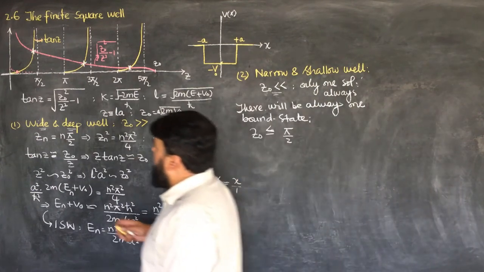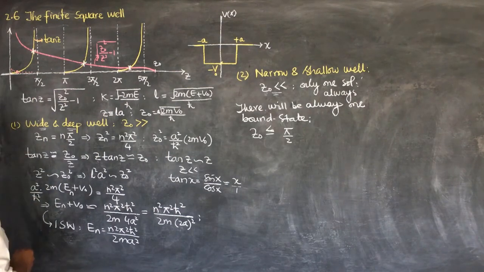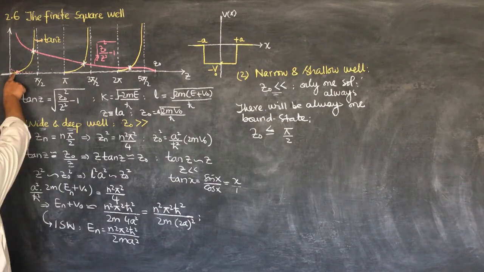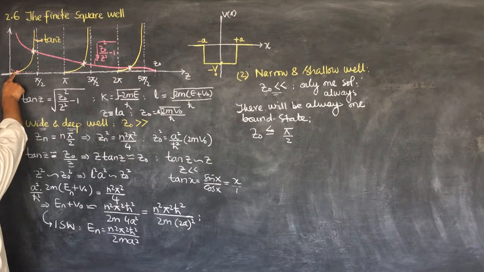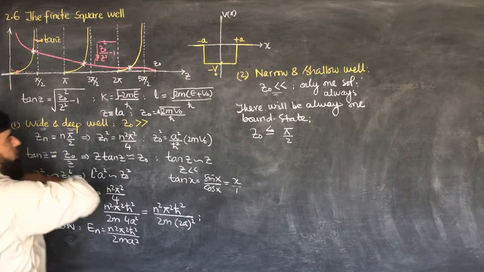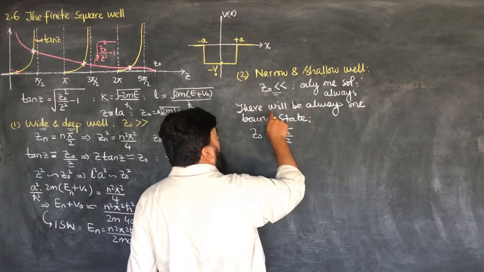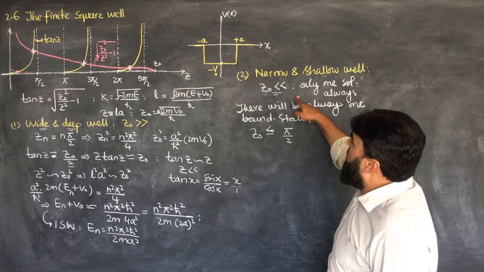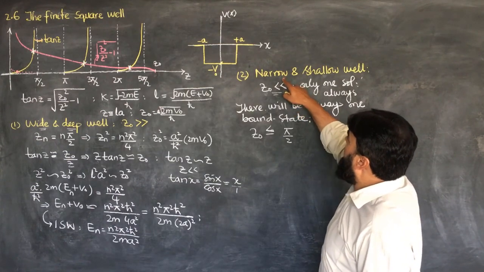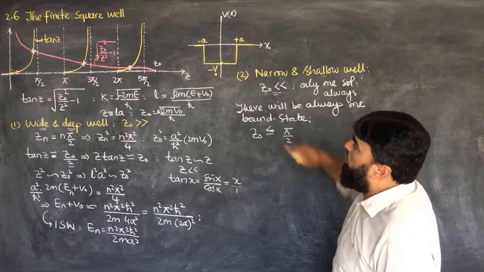We can make this much closer than this one, and even then one intersection will occur here, and the intersection is the solution. So one solution is always possible, however shallow and narrow the well is.